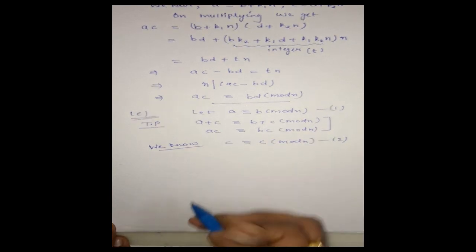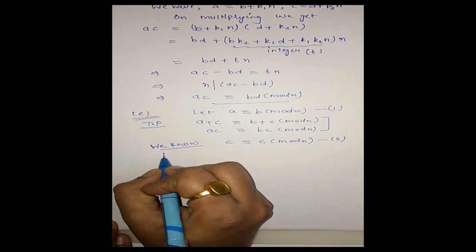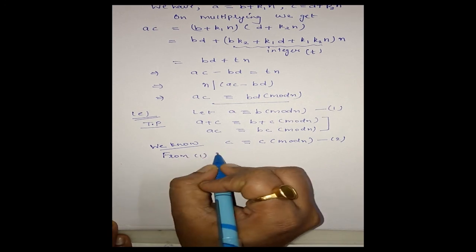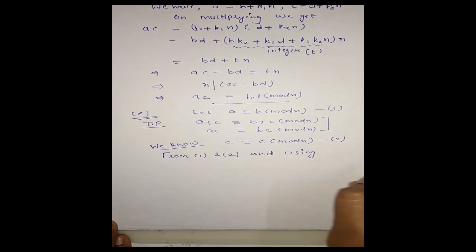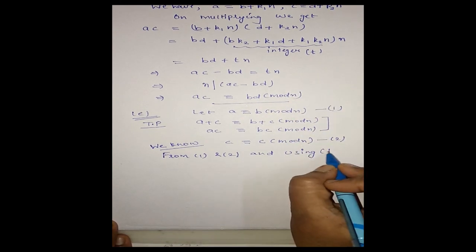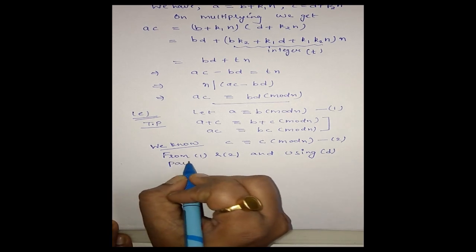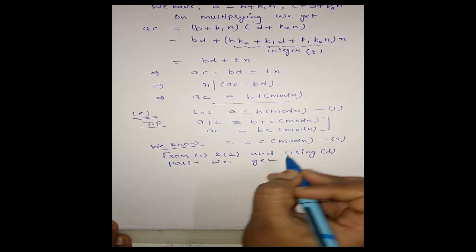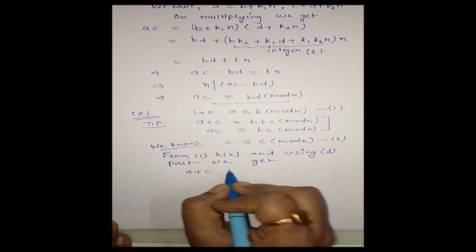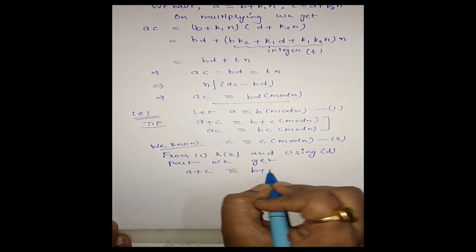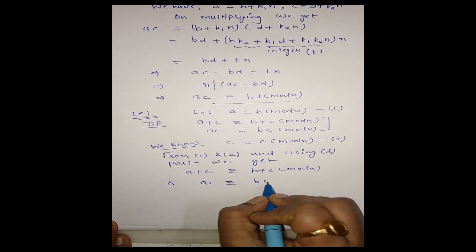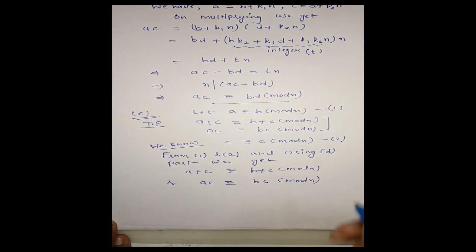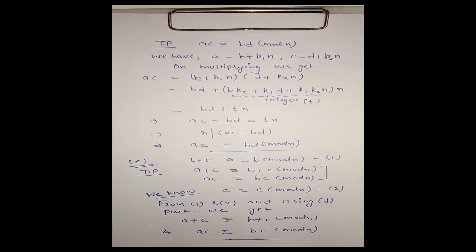Now, from 1 and 2, and using part D, we get A plus C is congruent to B plus C modulo N and AC is congruent to BC modulo N. Clear? Proved? Now we will prove the F part.